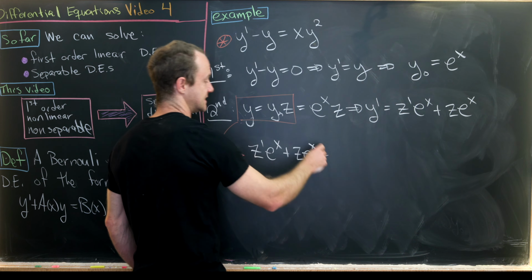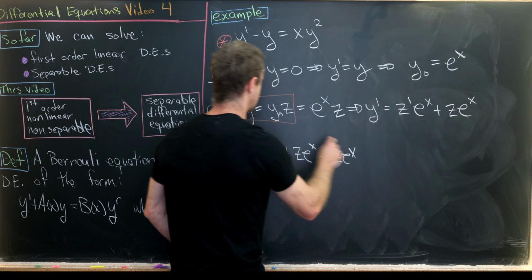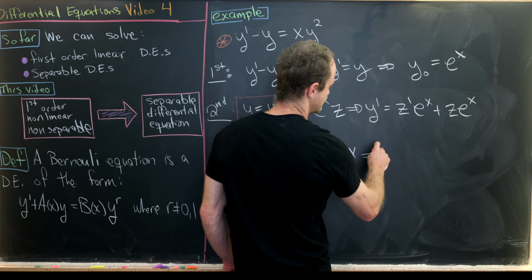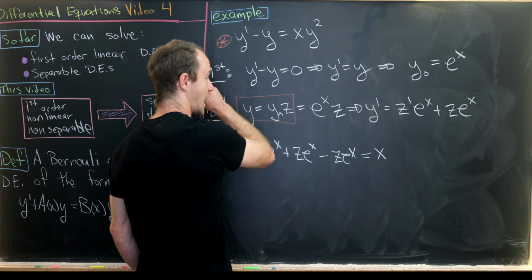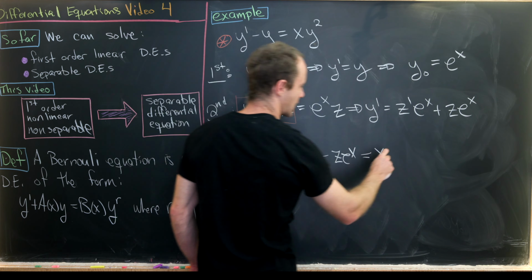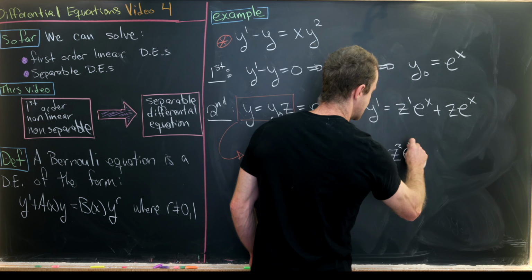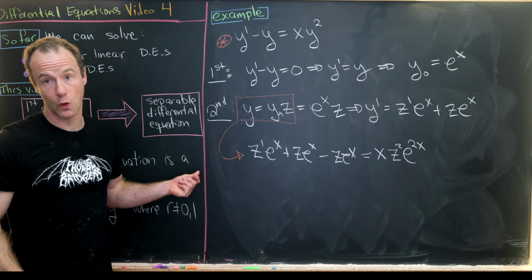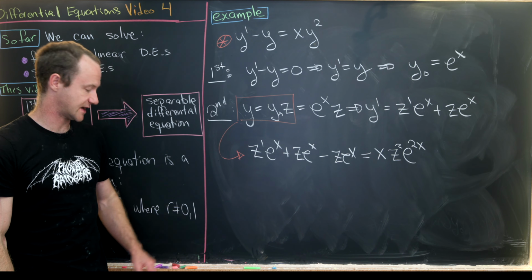But y is equal to z times e to the x by our substitution. And then this is going to be equal to x times y squared, but that'll be z squared e to the 2x. That's because e to the x quantity squared is e to the 2x.